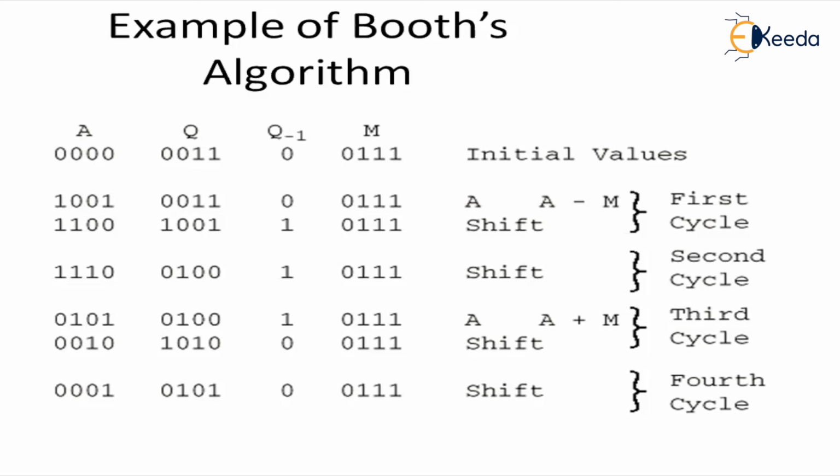So how will you take the complement of minus 2? You will take the binary number of 2, convert it into 1's complement, and then convert it into 2's complement by adding 1, and then you will perform the operation. In this way you will perform Booth's algorithm, because it is mainly used for performing the 2's complement function.